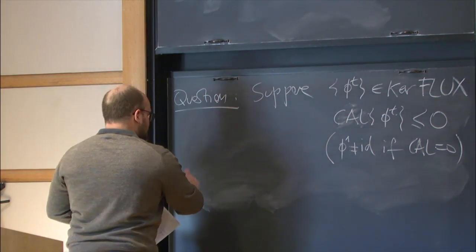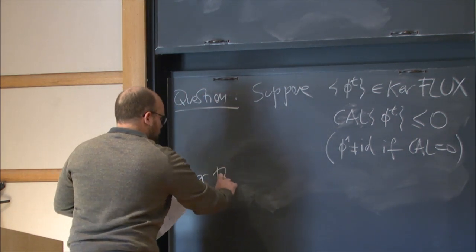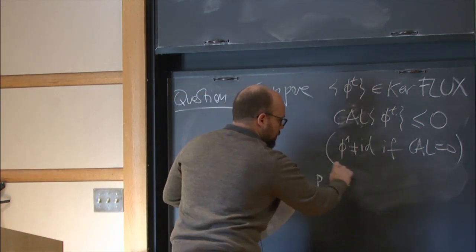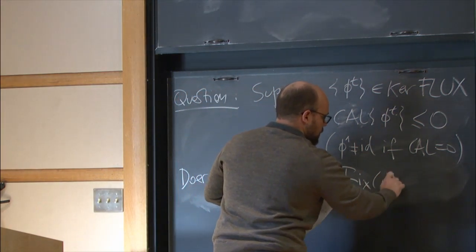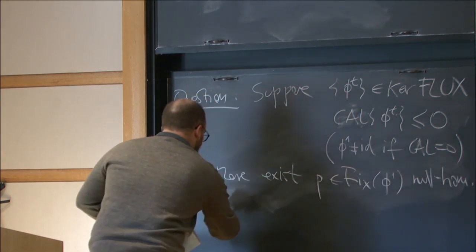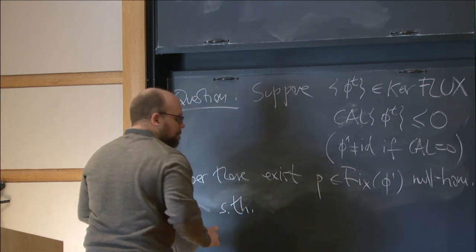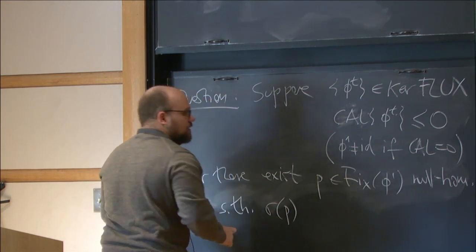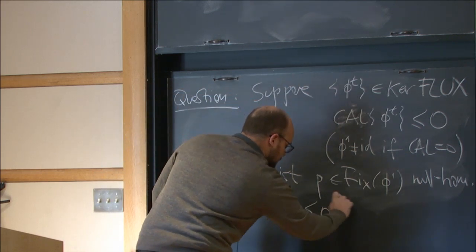Then the question is, does there exist a null homologous fixed point such that the action at this fixed point is less than 0?